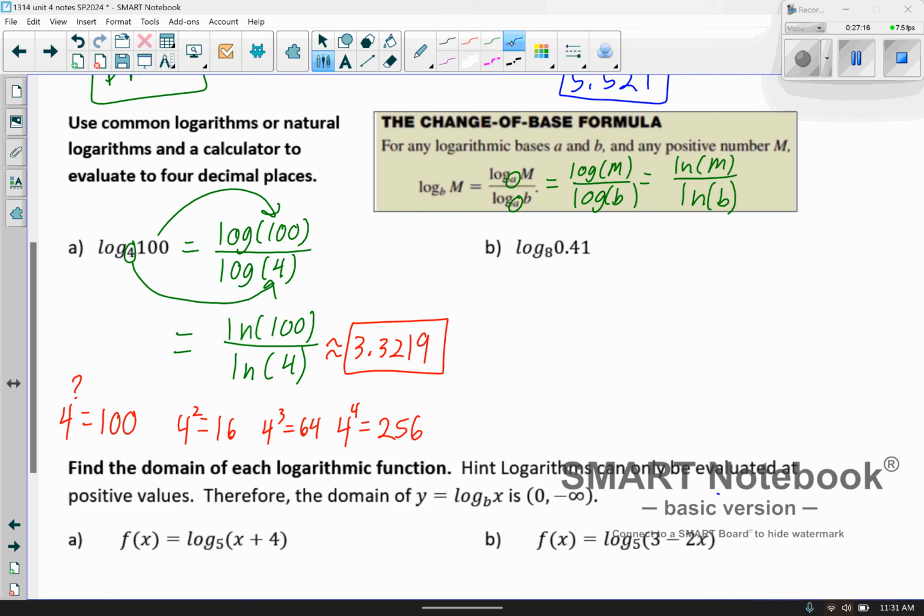Okay, so let's look at example B. Same thing. I'm using 0.41, but take log or natural log, it doesn't really matter. I think most people like to do natural log. So natural log of 0.41 divided by the natural log of 8. We'll stick that in our calculator and see what we get.